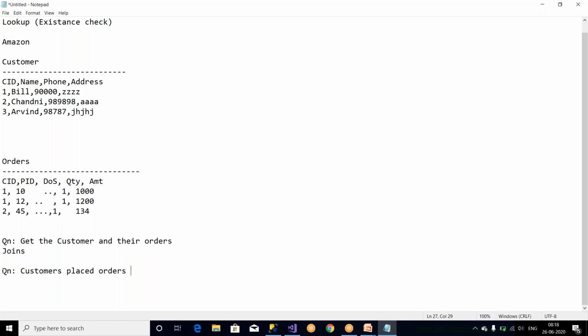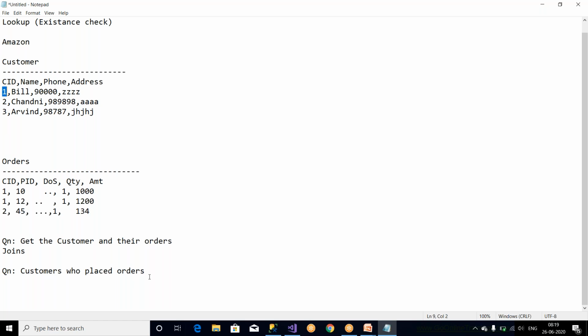Whether you place one order or 1,000 orders doesn't matter. Only I wanted to know the customers who placed the orders. Now do you use joins? If you use join, yes, you can get the data, but if you order 1,000 items 1,000 times, unnecessarily it is joining. Wherever the joining is happening, that data is what the customers have ordered.